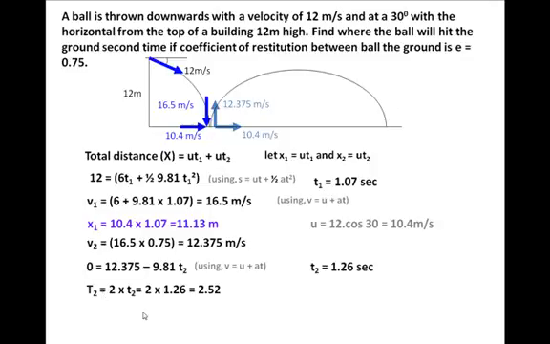You get capital T2, and then x2 will be 2.52 into 10.4, that is 26.2. Only one small point: this t2 we are referring to is actually the capital T2, 2.52. So the final x is 11.13, that is x1, plus x2, which is 26.2, and that is 37.3 meters.